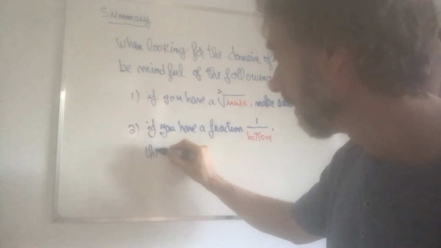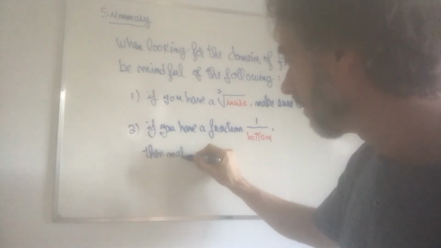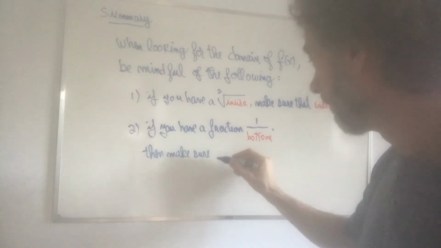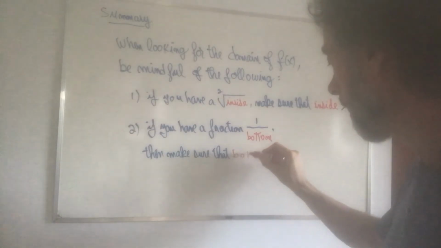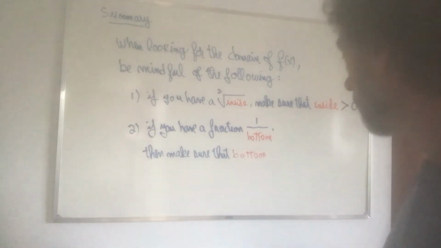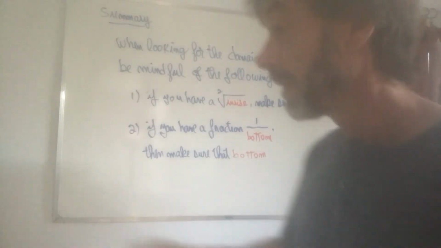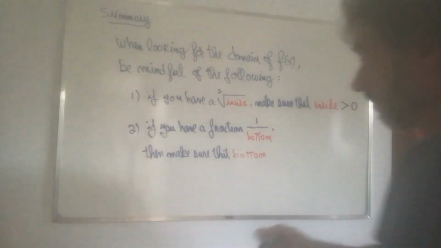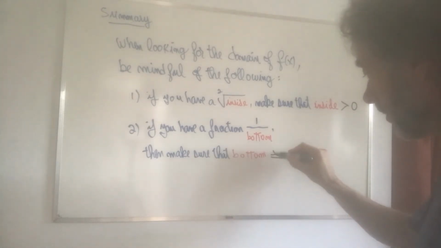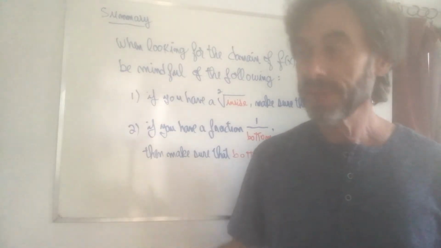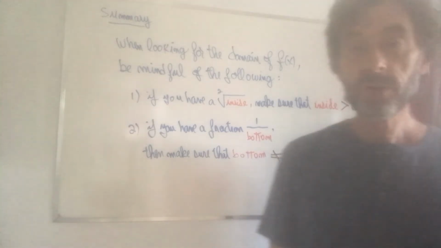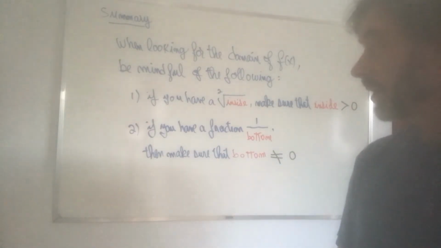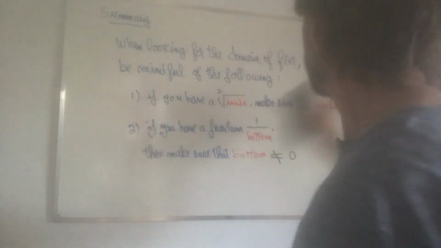Then make sure that the bottom of the function is actually what? What can the bottom be? Well, it can be a lot of things, but it cannot be 0. That's for sure. Okay? So these are the 2 main things that we have to be concerned with when we talk about the domain of a function. Let's take a look at an example.